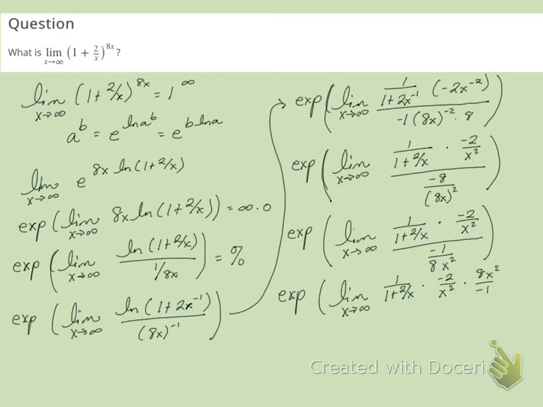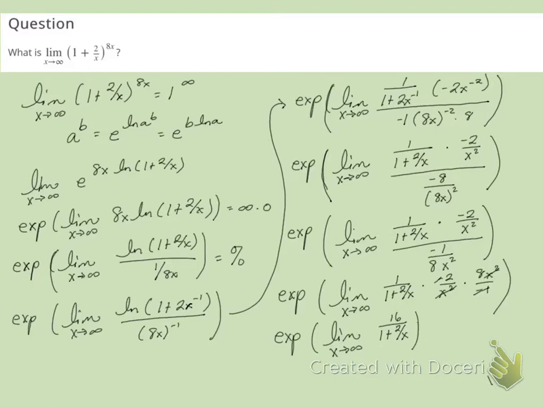So now you can see that these x squareds are going to cancel, and the negative 1 is going to cancel with the negative here, and we will have, I'm running out of room here, the limit as x goes to infinity of 1 over 1 plus 2 over x times 16. So I'm going to write that 16 right here.